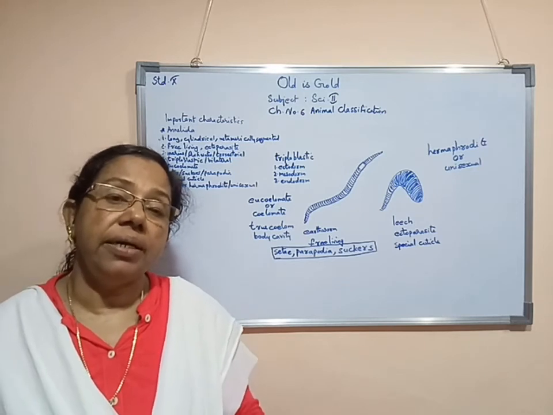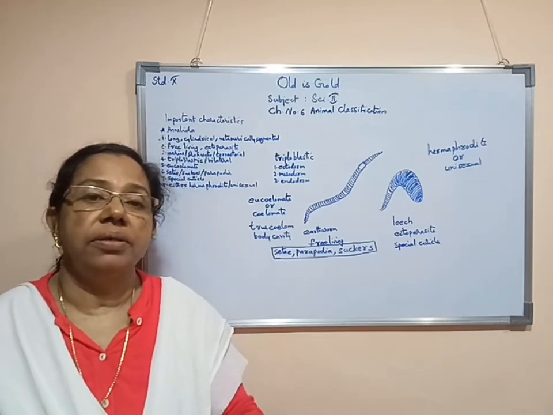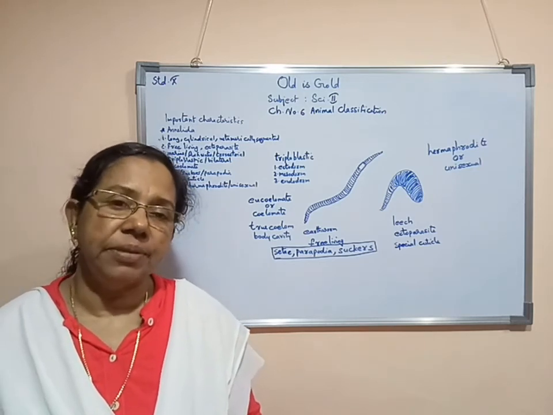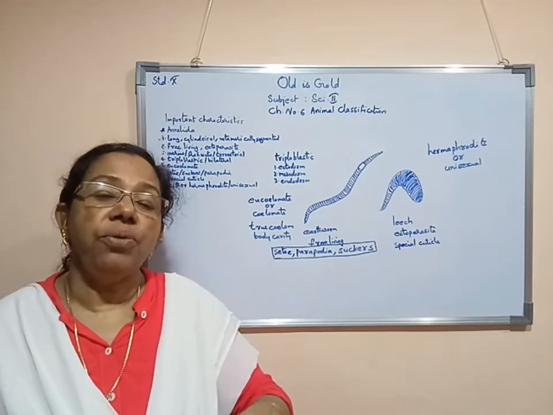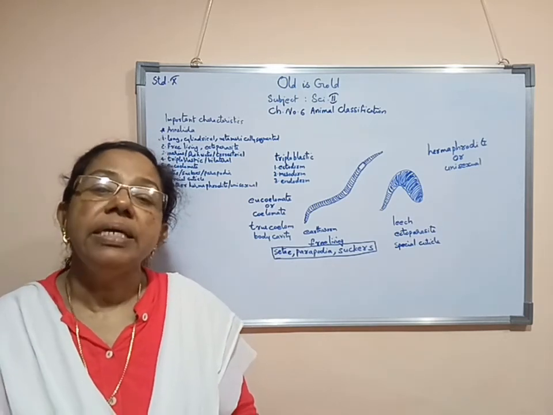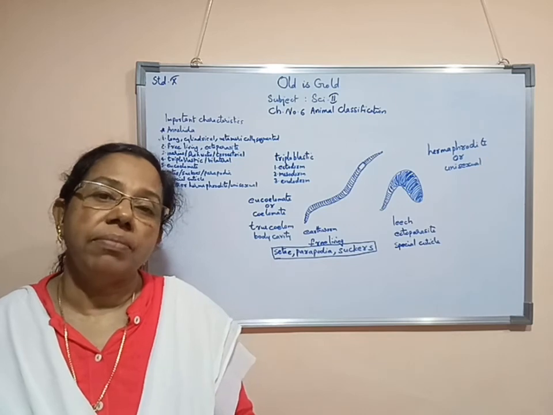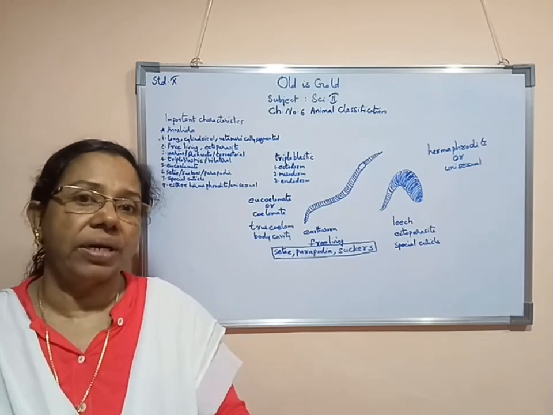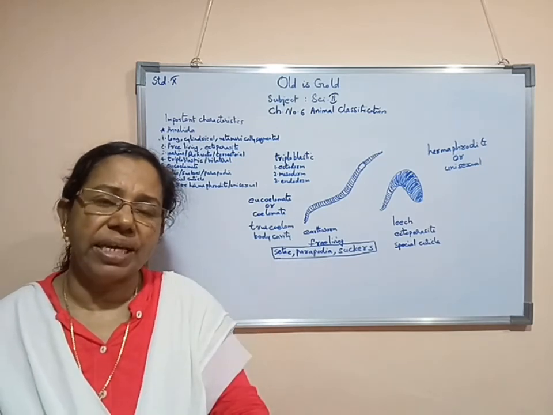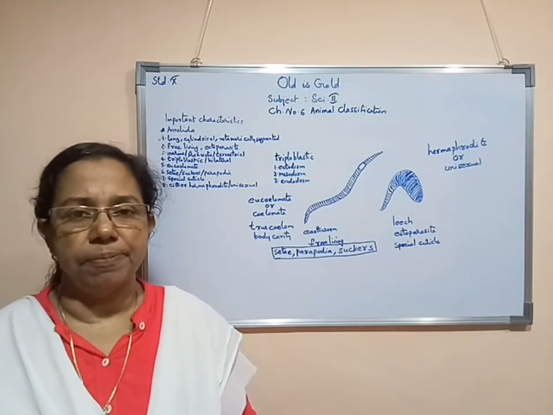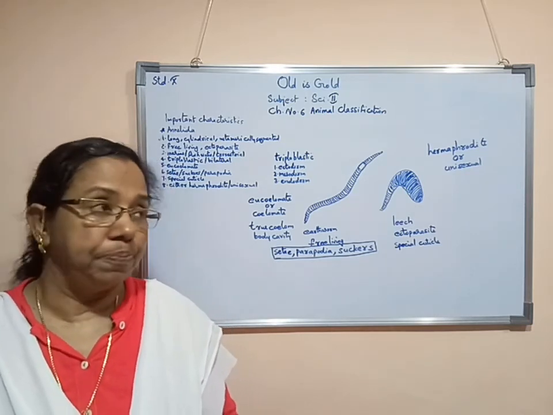Ectoparasite means they depend on other organisms, but they live on the body of the organism and suck its blood. That is how they live.